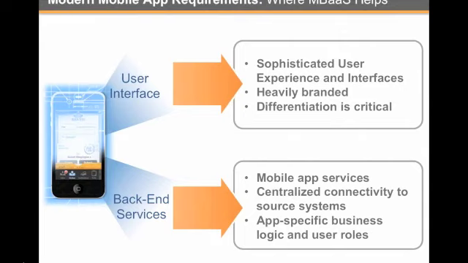On the front end, we're seeing, Apple certainly set the bar with the iPhone, but mobile application user interfaces now are becoming incredibly intricate and complex. There's a significant focus on unique user experiences. They're heavily branded applications, and differentiation, especially for consumer-facing applications, is very critical. And one of the elephants in the room from using traditional full-stack mobile platforms is, although they give you this write once, deploy everywhere marketing spiel, you typically run into, at some point, limitations to what you can do in that user interface.